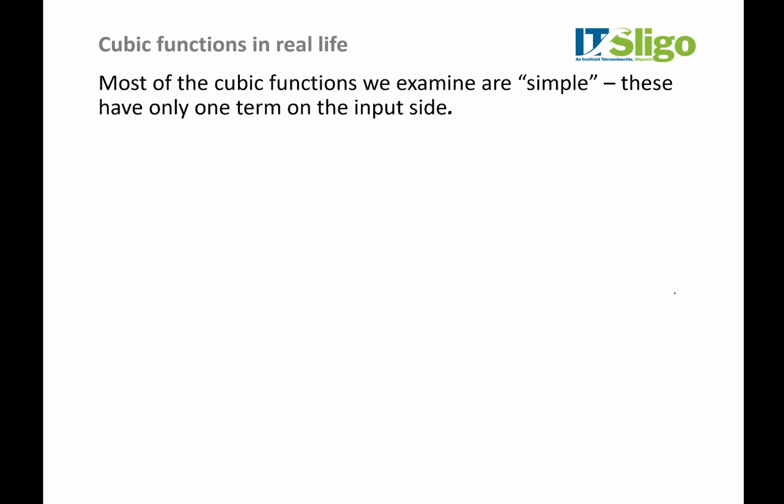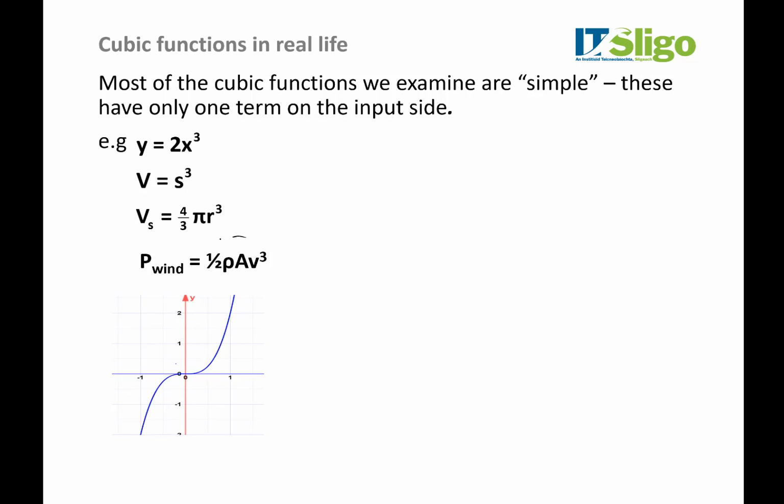Most of the functions we'll examine in this module are simple, so these only have one term on the input side. These are all typical cubic functions. Very often S will be A as well if we're talking about a cube, as we'll see.